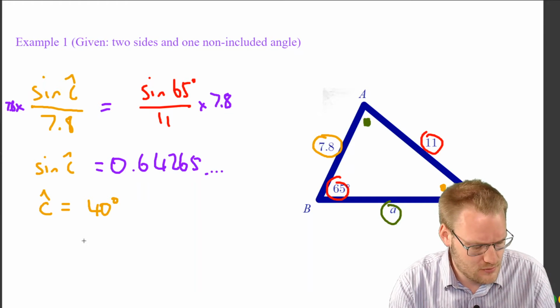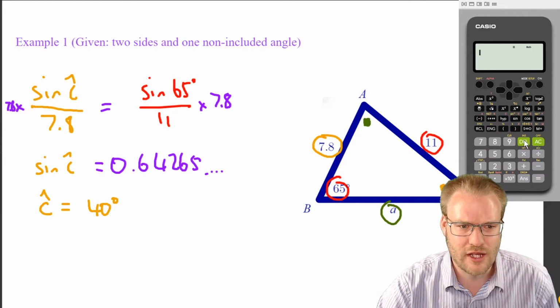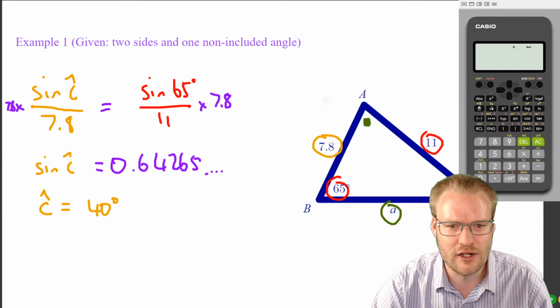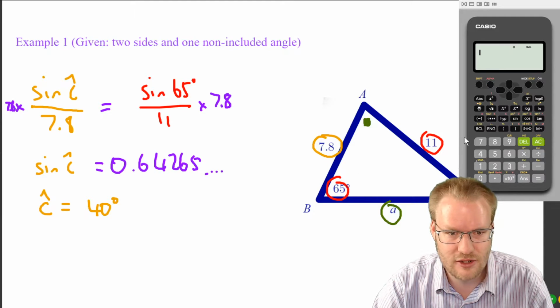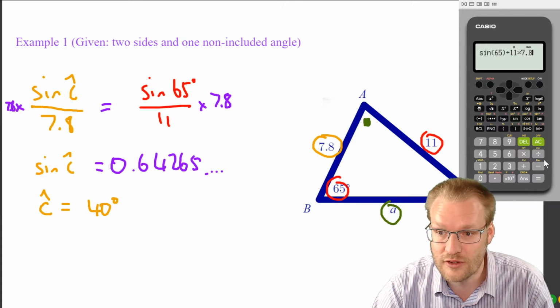So the slight pause is just, I thought let me do that bit in the calculator to make sure. What were we saying? We said that sine C is 0.64, so for that we just went sine 65 divided by 11 times by 7.8. It's going to read left to right, so you could have written that as a fraction if you wanted to.